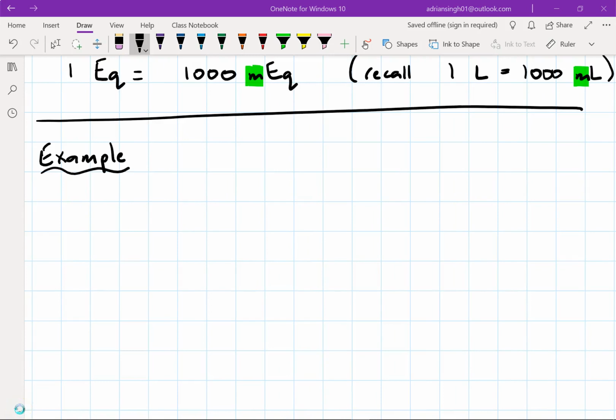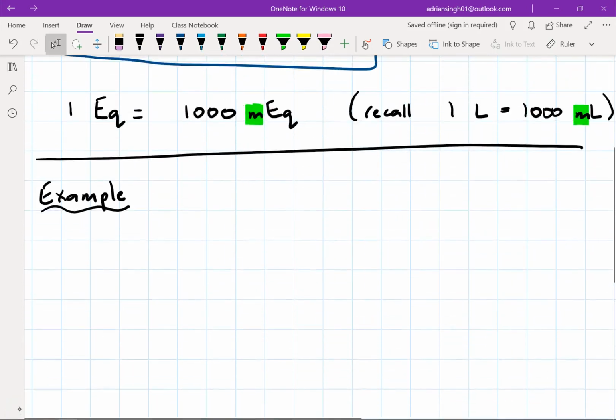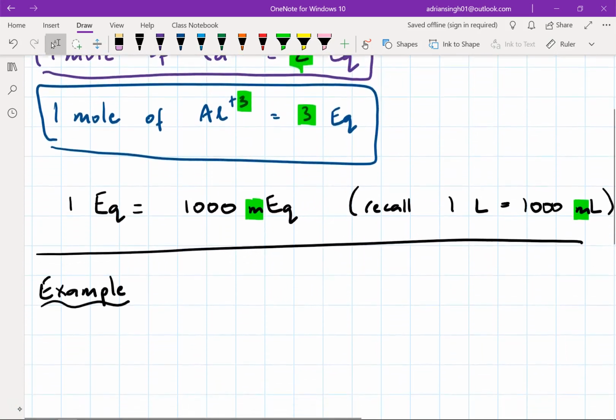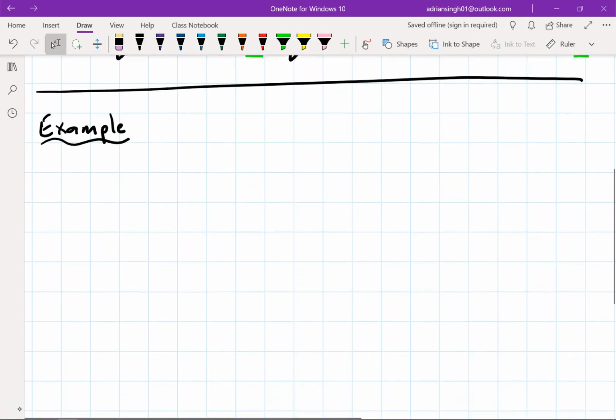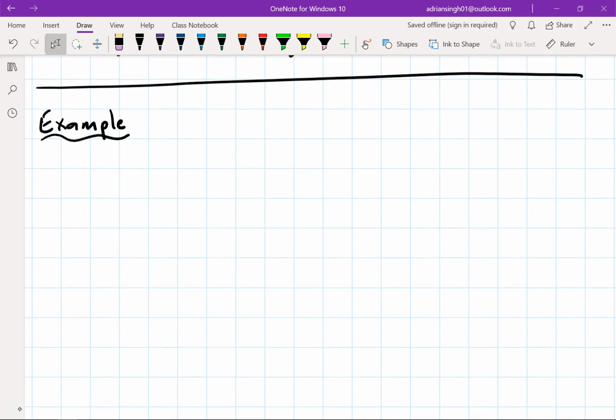So let's take a look at how we can apply this to an example problem. We looked at equivalents, and when we look at the number of equivalents per liter, for instance, that would be a unit of concentration.